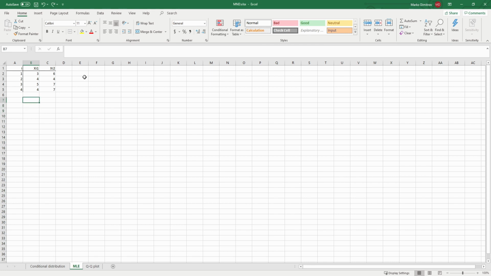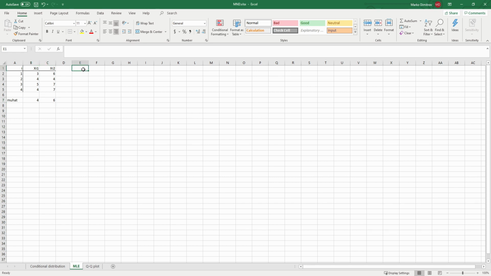So our mu hat would be the average of each of the columns. So this would be our mu hat, let's say, but transposed. So this is our estimate.